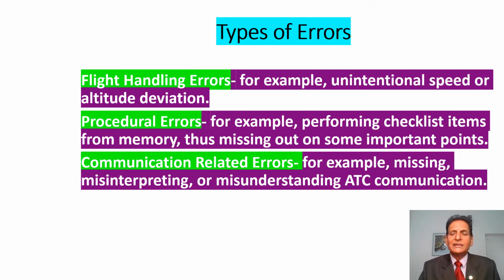Flight handling errors, for example, unintentional speed or altitude deviation. Procedural errors, for example, performing checklist items from memory, thus missing out on some important points. Communication related errors, for example, missing, misinterpreting, or misunderstanding ATC and other communications.